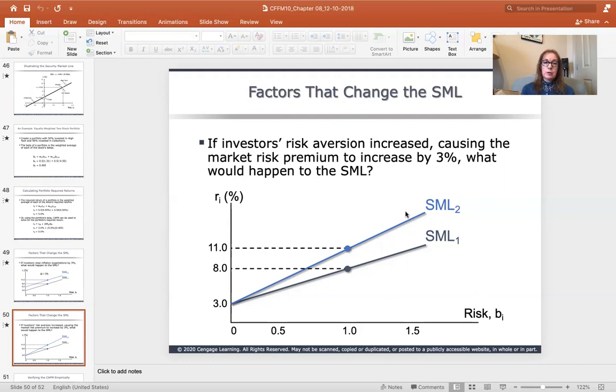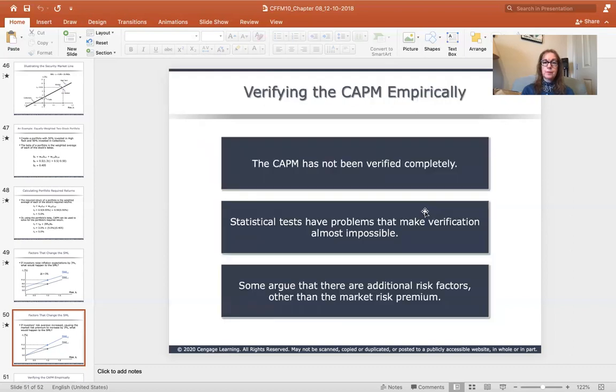People wanted a greater return to be induced to be in the market because of the shock of the recession and the significant declines in the market. So if risk aversion increases, the slope of the security market line will increase because people are more risk averse. They're demanding a higher return for equal amounts of risk.